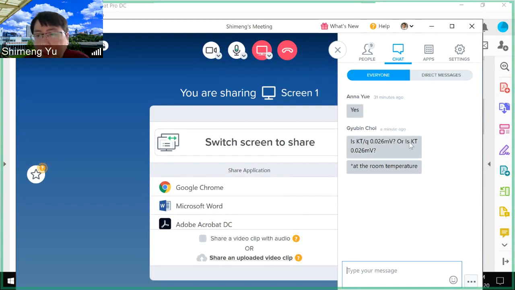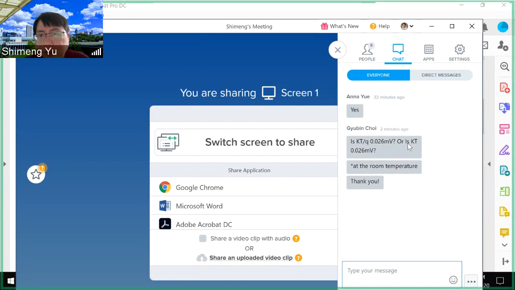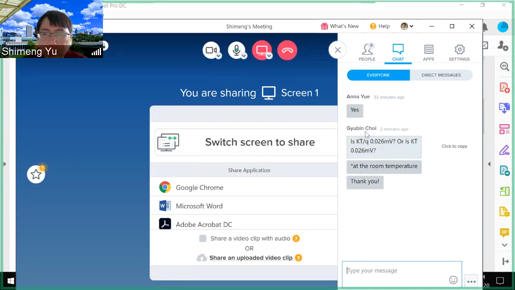That is correct. kT is energy, so in electron volts it is 0.026 electron volts for the kT. So kT over Q is the voltage and kT is the energy; the unit for voltage is volts, and the unit for energy is electron volts. This is again at room temperature, so this will change as you change the temperature.